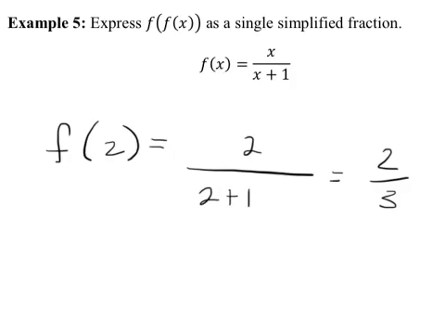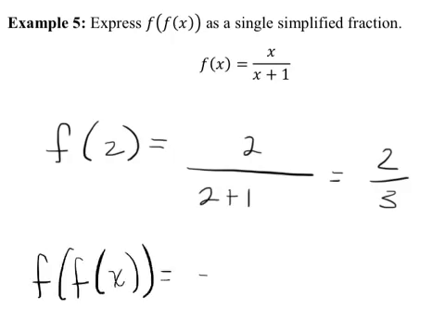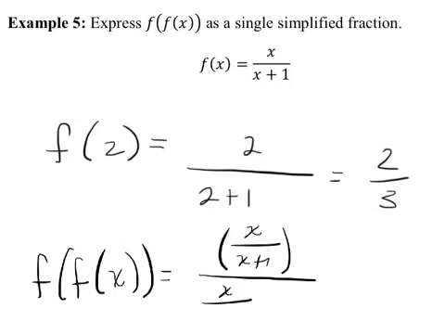So what would this one look like if we have to take f of x and plug it into itself? Julia. It's going to be x over x plus 1 over x plus 1. Yeah, very good. So what are we doing in this problem?